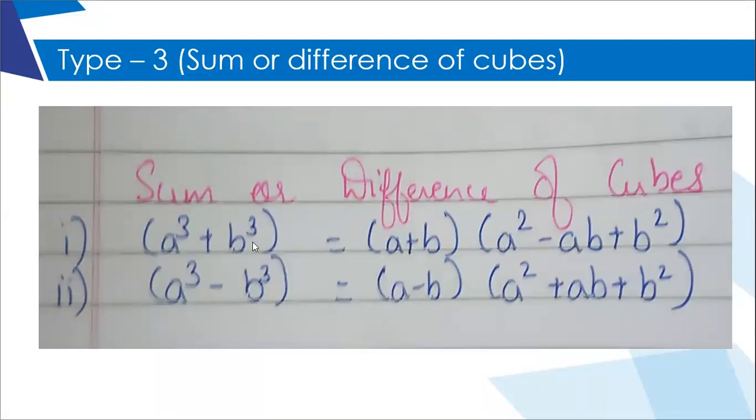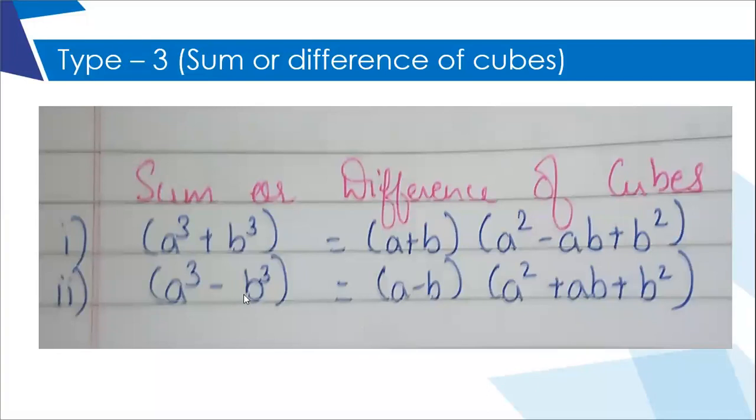So how do we learn it? Because they are quite confusing. So when it is individual cubes with a plus sign, in the first bracket, plus is preferred because my main sign is a plus sign. So first bracket there will be a plus sign, and in the second bracket the AB term has got a minus sign.